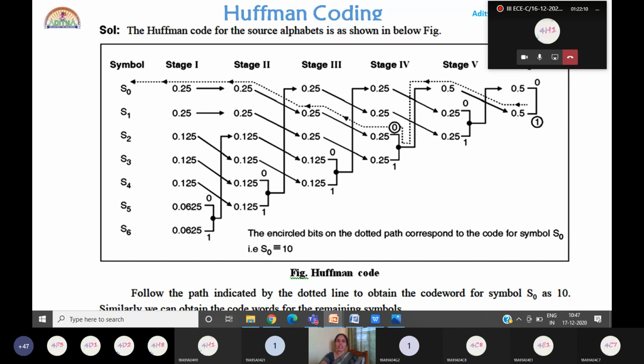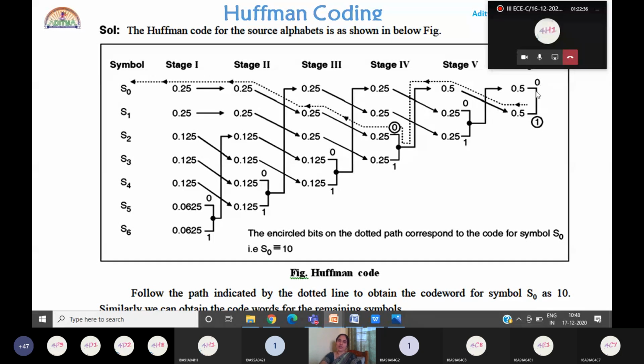Like that, the combining, assigning and relocating of the probabilities in decreasing order continues till the reduction process consists of m number of messages. In this case, m is 2, so we continue the reduction process till 2 probabilities remain.